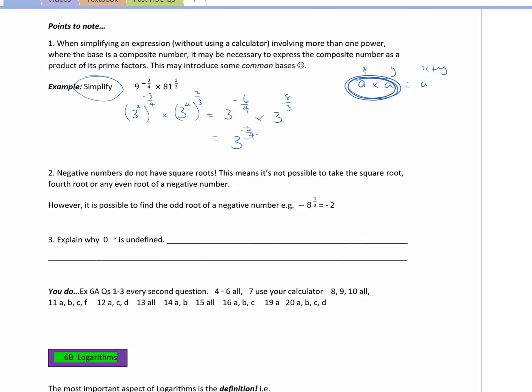So minus 6 on 4, add 8 on 3. I'll probably have to go to a calculator for that, which is 3 to the 7 on 6, and we could leave it like that.